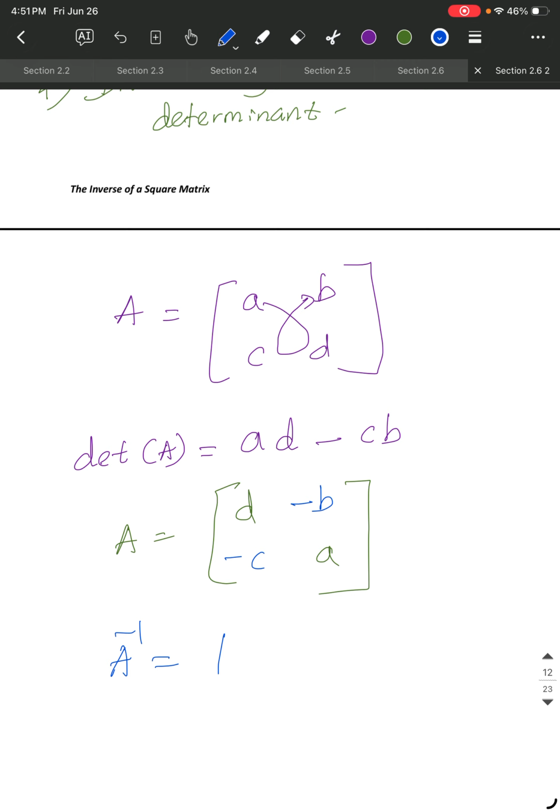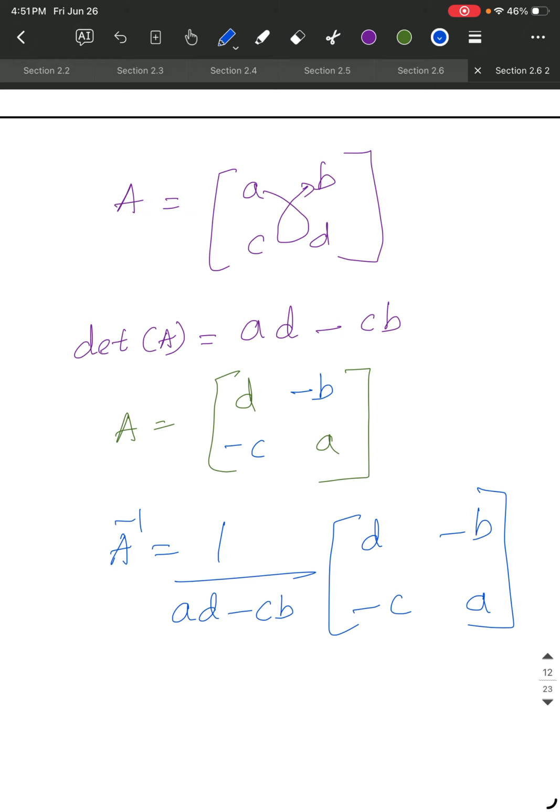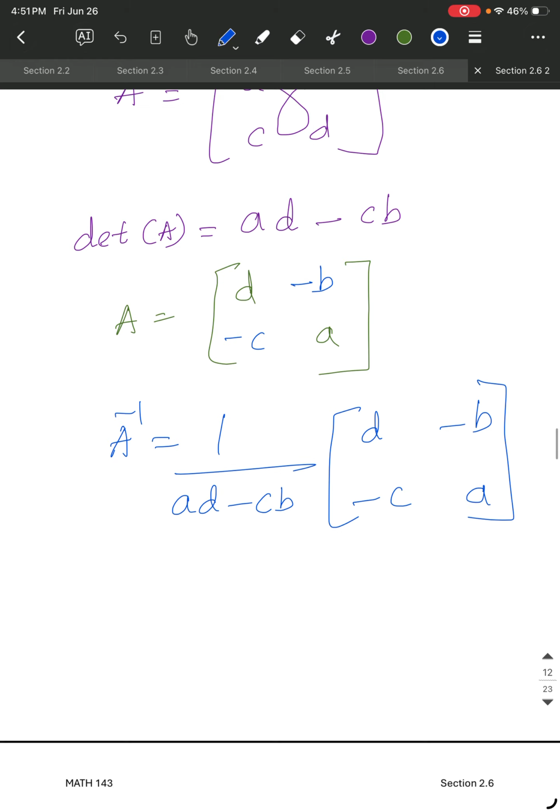Then A inverse equals, divide every entry by the determinant.